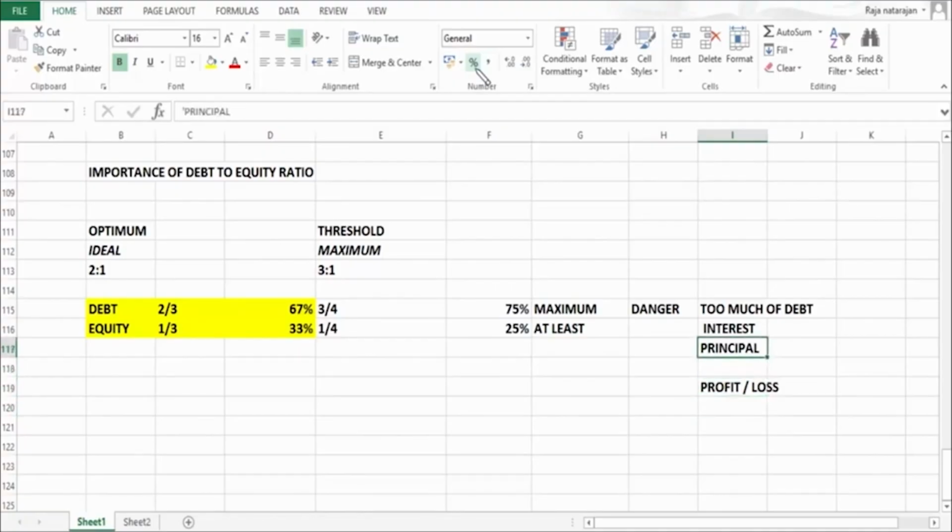You got to pay principal and interest even if the market is not doing well. When you have too much of debt, you will not have resources to pay these, so the people who have given this money will not wait for you to make the payment, but they would be demanding the payment.